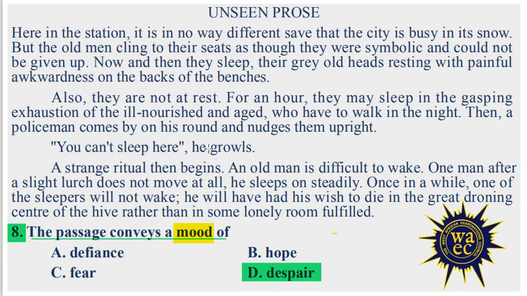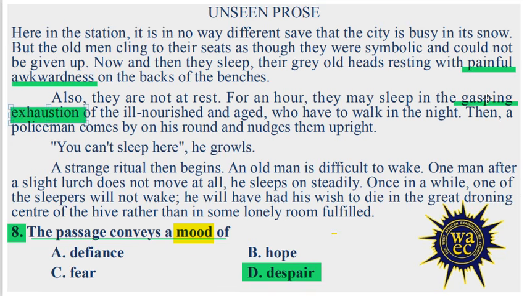Now, look at this. The words painful awkwardness in the first paragraph is a pointer to despair. Then in the second paragraph, we have the words gasping exhaustion. Gasping means the kind of movement that shows that someone does not have enough air.